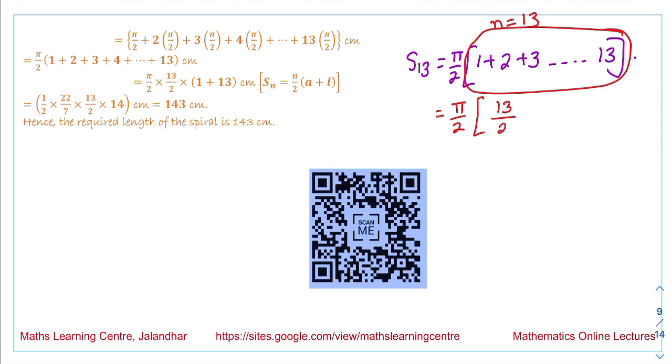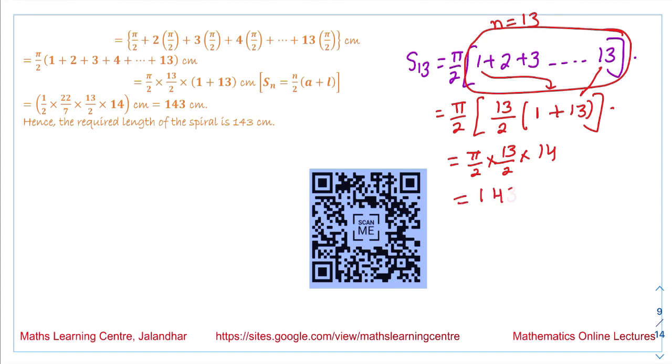So it is 13 by 2 into (first term plus last term). The answer we will get is pi by 2 into 13 by 2 into 14, and after solving all these values, you will get the final answer of 143 centimeters.